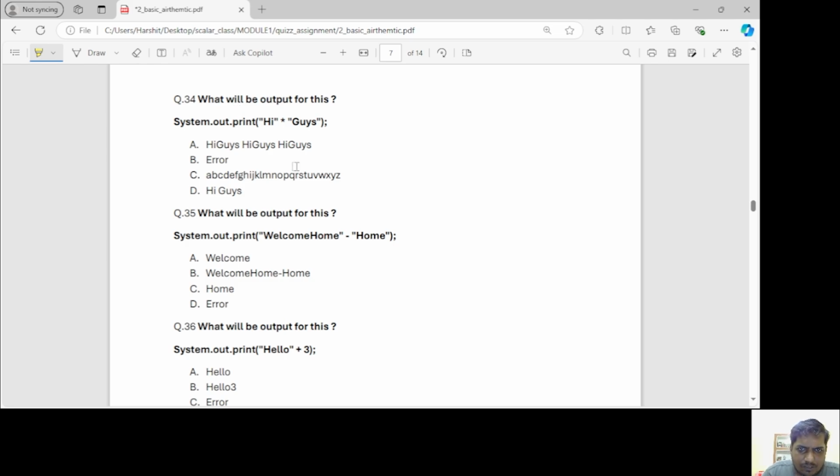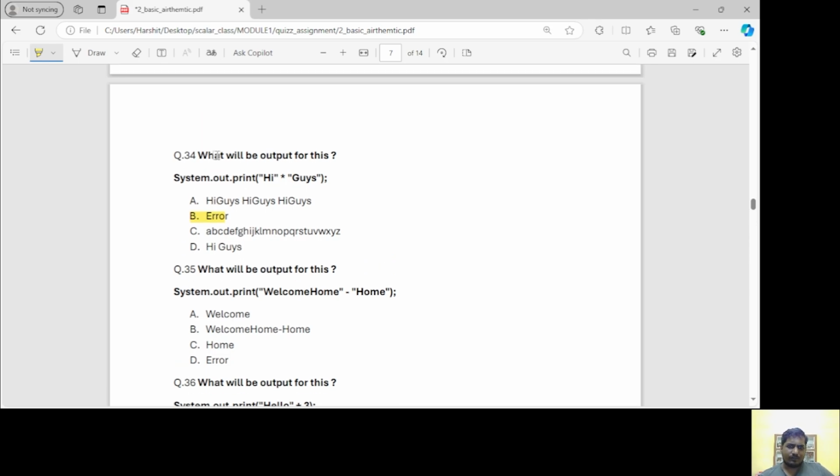Now see question number 34 very carefully. "Hi" multiplied by "guys". So is there any operation with multiplication? No. So it always gives an error. In concatenation, only addition will be performed. No multiplication, no division, no subtraction will be allowed.